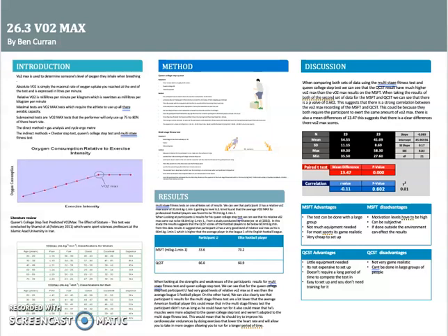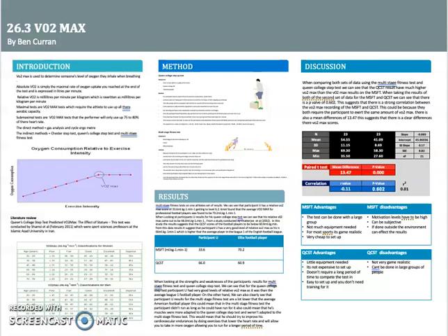Literature review. This literature looks at how the Queen's College step test predicted the VO2 max. This test was conducted by Shamsi et al. in February 2011, who were sports science professors at the Islamic Azad University in Iran.